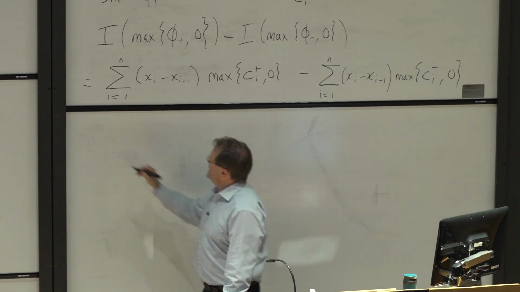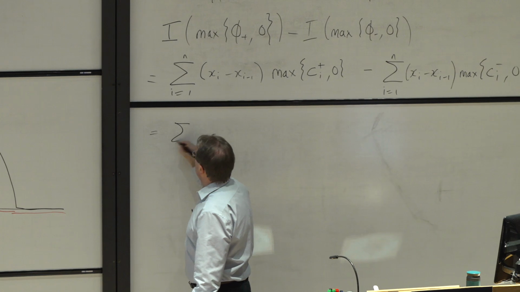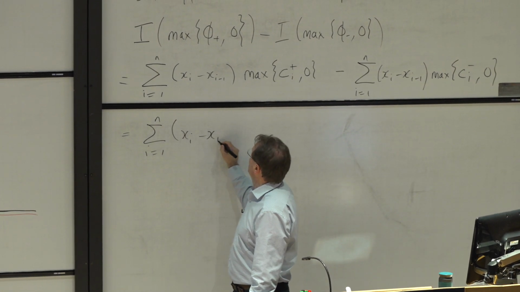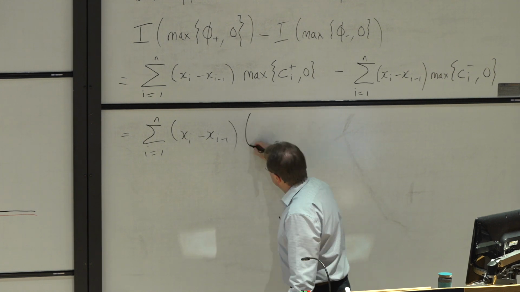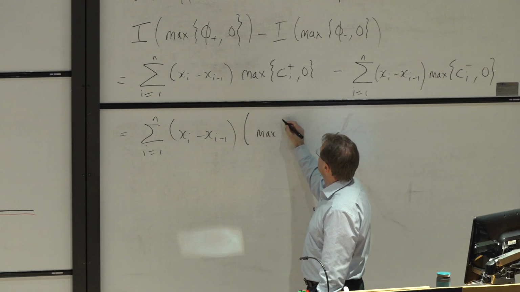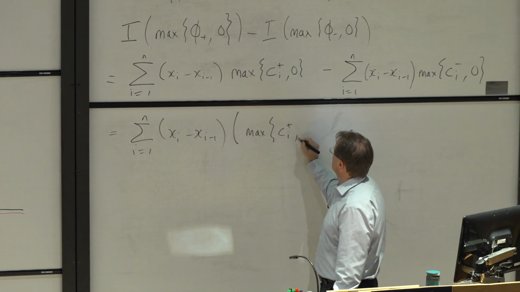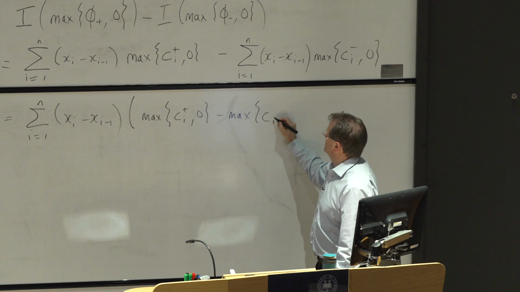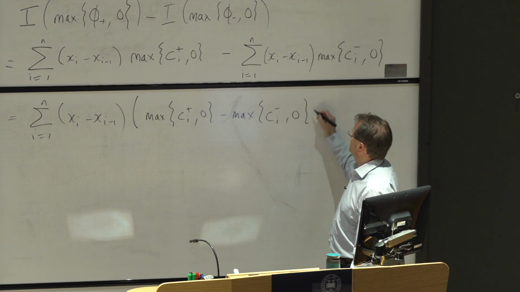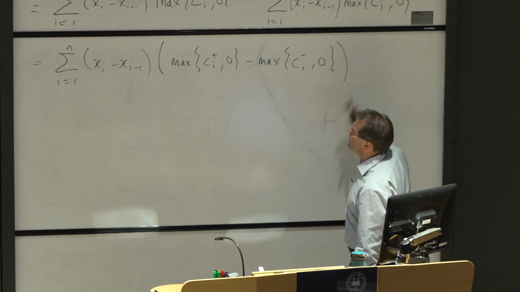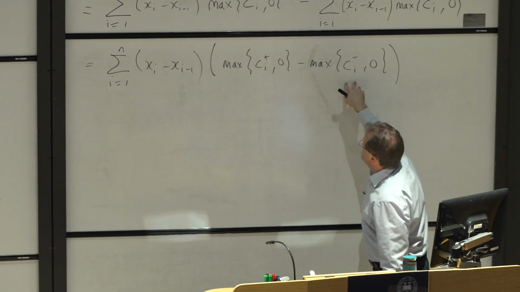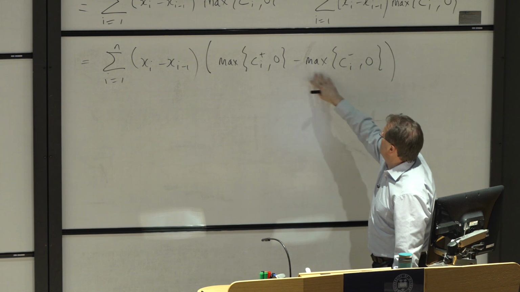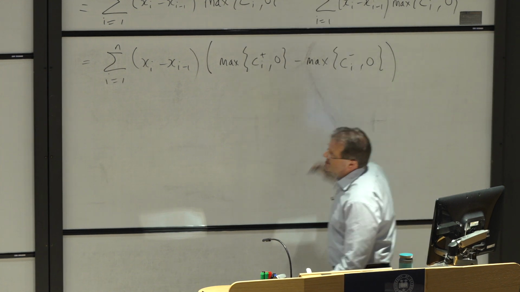Okay, so I can clearly take those two sums and amalgamate them into a single sum, like so. And here in this term I have the maximum of ci plus and 0 minus the maximum of ci minus and 0.